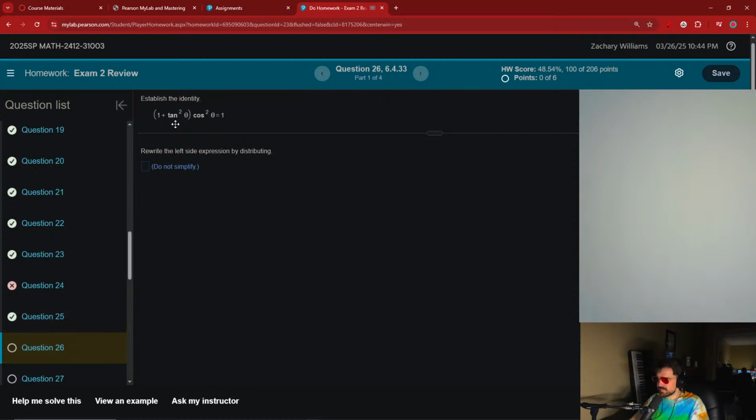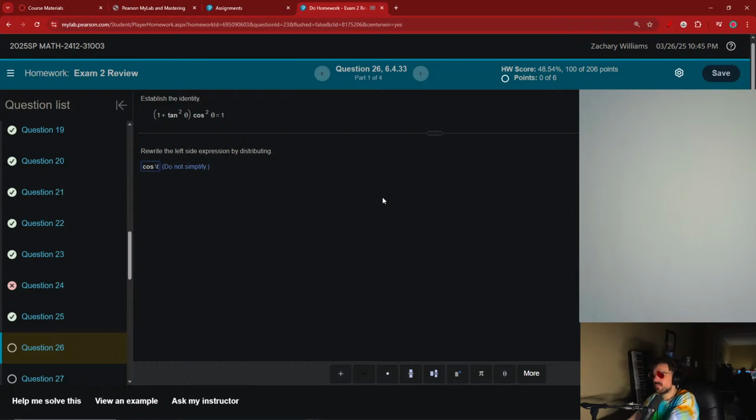Yeah, that's pretty easy. So one, rewrite the left side of the expression by distributing.